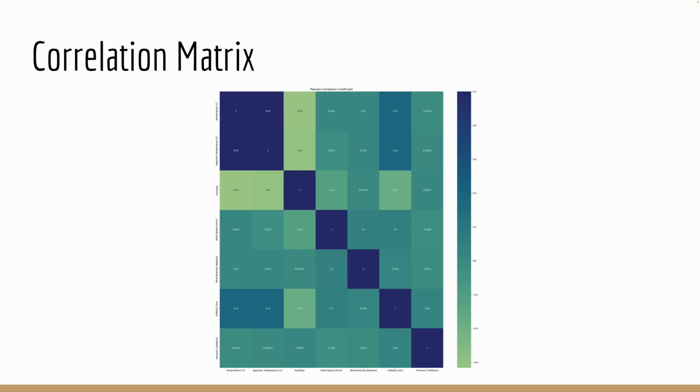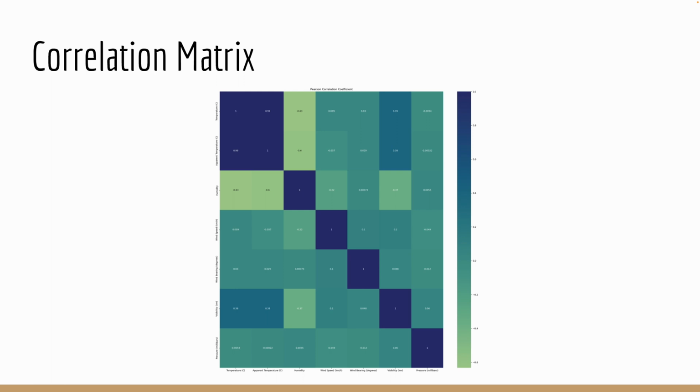As we chose the dependent variable to be the temperature, I had to eliminate the features that were highly correlated to temperature. As you can see here, the apparent temperature, which I mentioned earlier is a combination of humidity and the temperature, has a correlation value of 0.99.